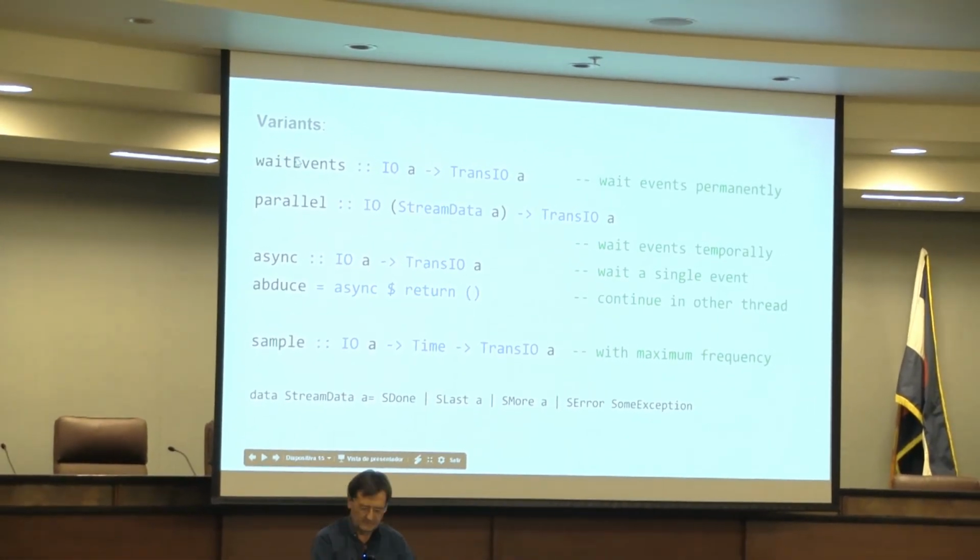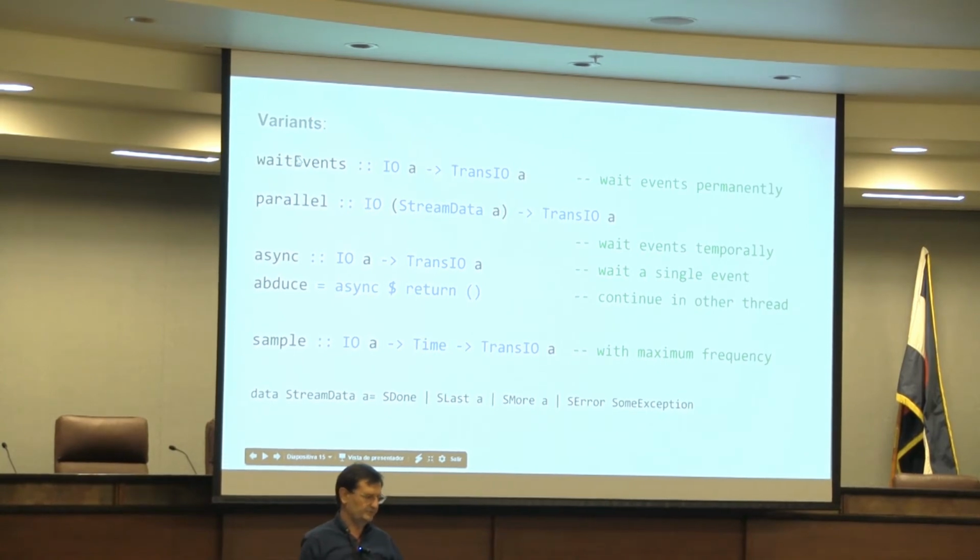We can have different variants of event handling primitives, similar to waitEvents. For example, parallel waits for events permanently. It executes a blocking I/O computation, then reschedules it to the end.